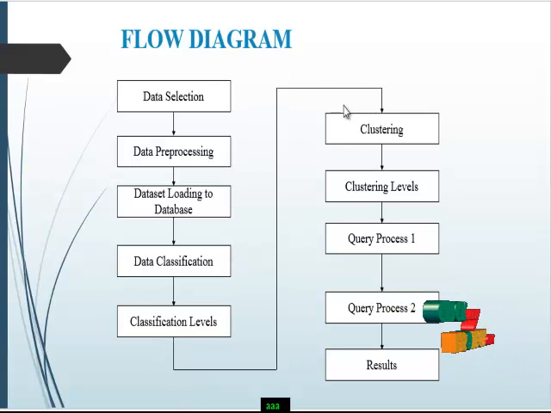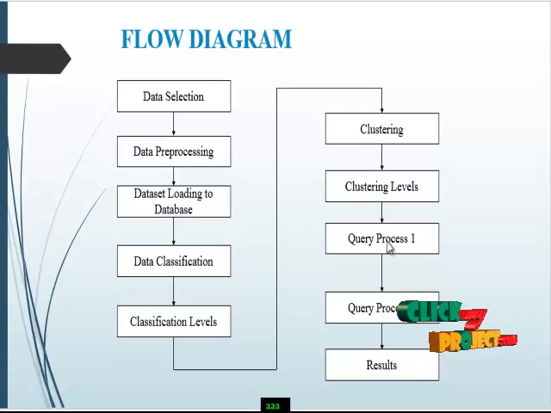And next we are going to clustering. Clustering is a process of collecting objects which are similar to each other and dissimilar to the objects belonging to other clusters. Next we are going to cluster levels. Here we can separate cluster level 1 and cluster level 2 for dataset process. Next we are going to query process.